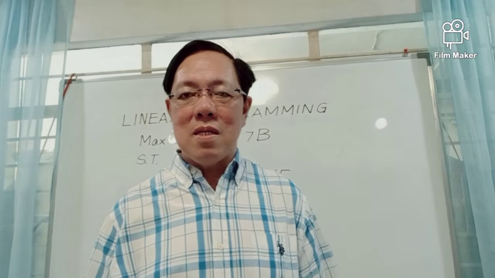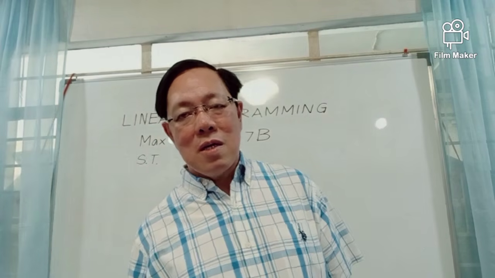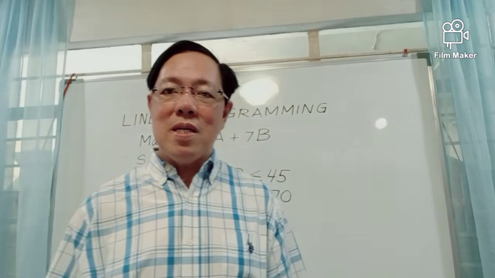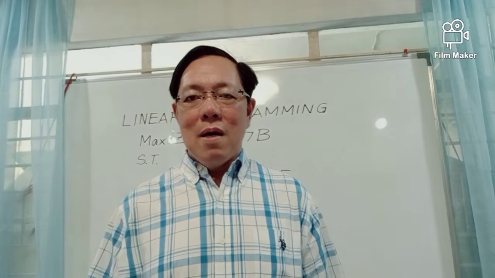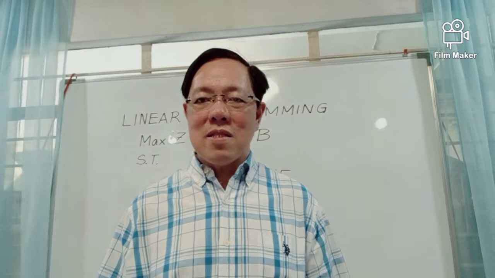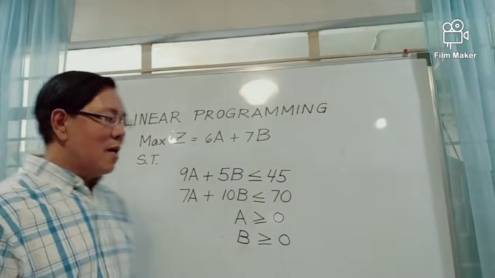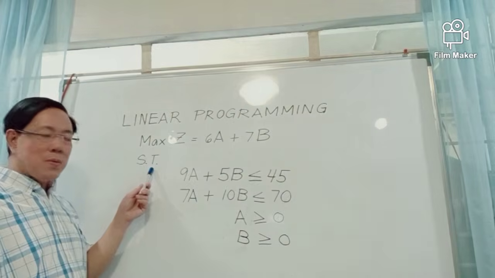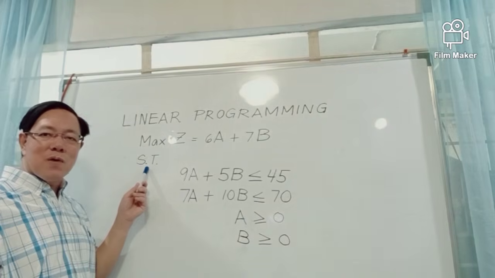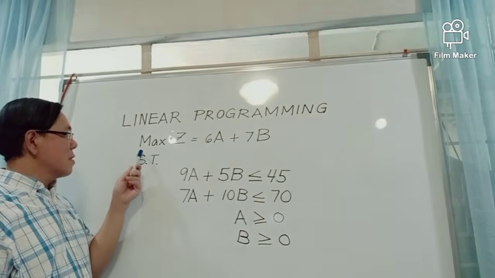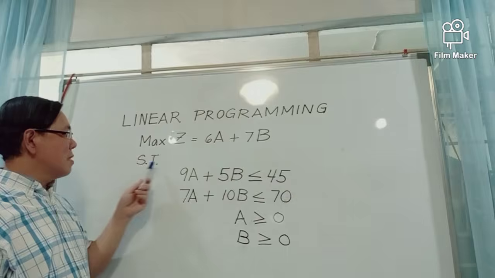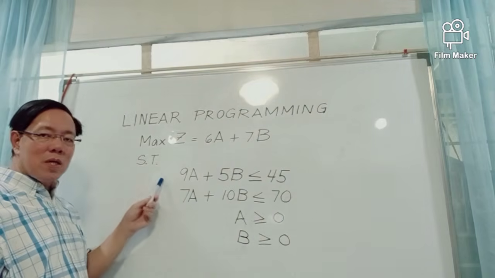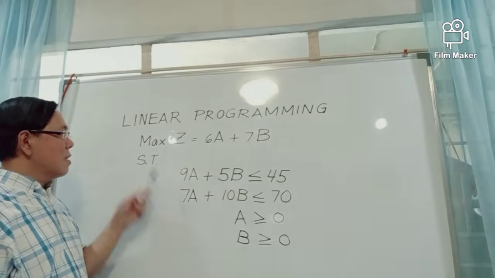We want to select the values for A and B that will give the maximum value of Z. But we maximize the value of Z subject to, ST stands for subject to, the following constraints.